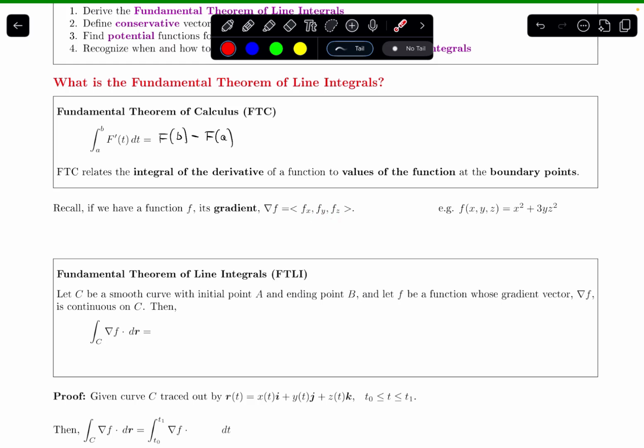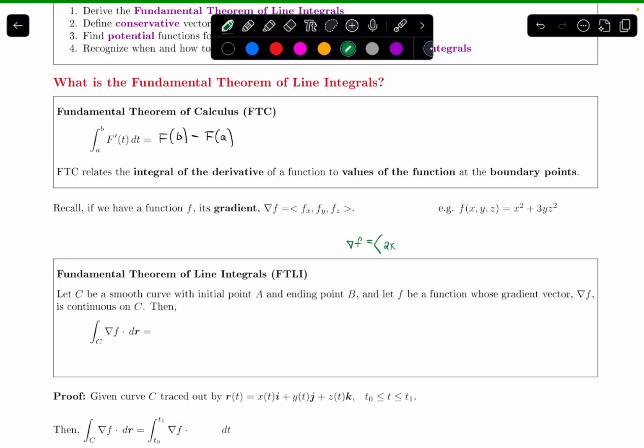So let's do an example, just review how we get a gradient. For this function, if I want to write the gradient of f, we get a vector. First I take the partial with respect to x, which means I treat x as a variable, but y and z as constants. So for x squared, well, that's getting treated as a variable. This is just a normal derivative. That's going to be 2x.